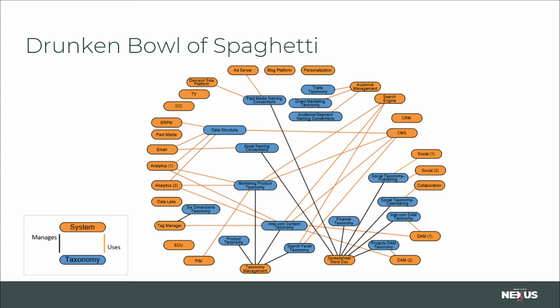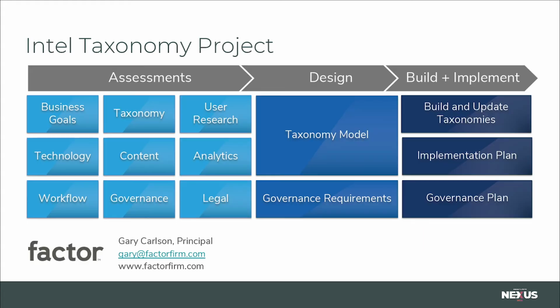After we had a better handle on the scope, we continued with the assessment process. That's what you see here on the left side of the diagram. The assessments looked at a breadth of touch points and requirements within each of them. So for example, technology, taxonomy, analytics, workflow.